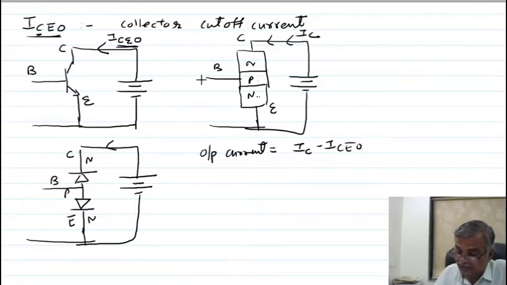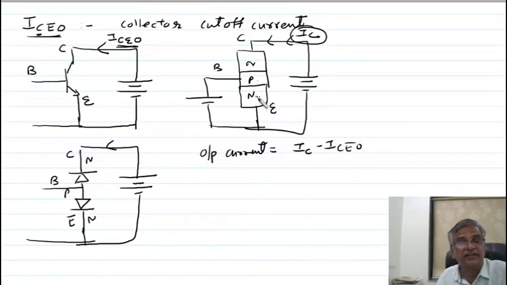If I am connecting it like this, the actual output current due to the emitter electron is nothing but IC minus, I have to subtract this, the current flowing due to the minority charge carrier.